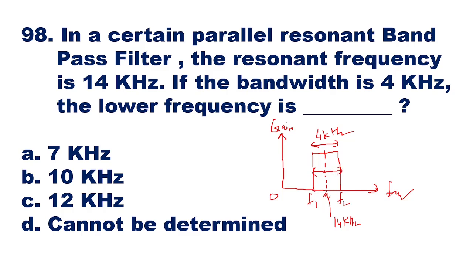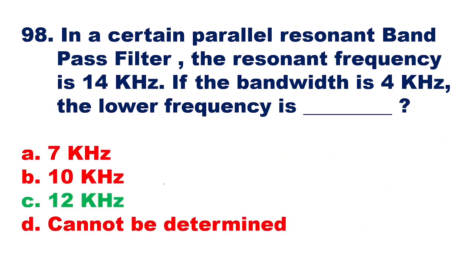So the lower frequency will be 14 kilohertz minus 2 kilohertz, which is nothing but 12 kilohertz. So option C is the right answer. Then we'll go to the next question.